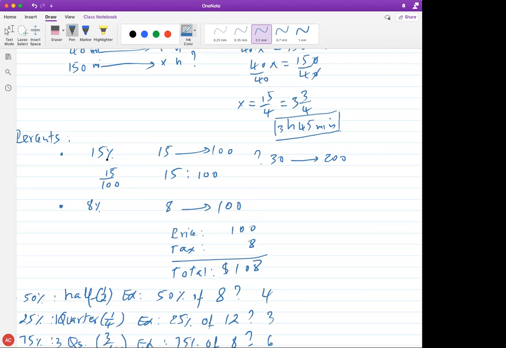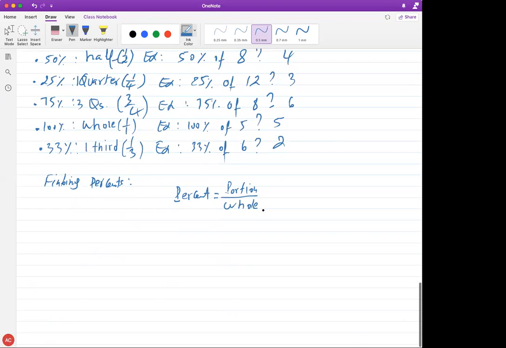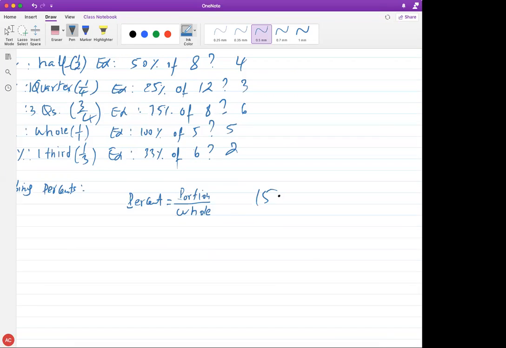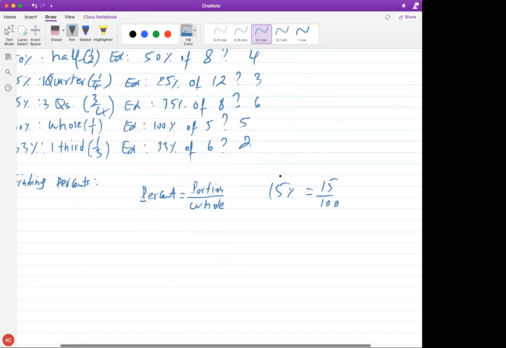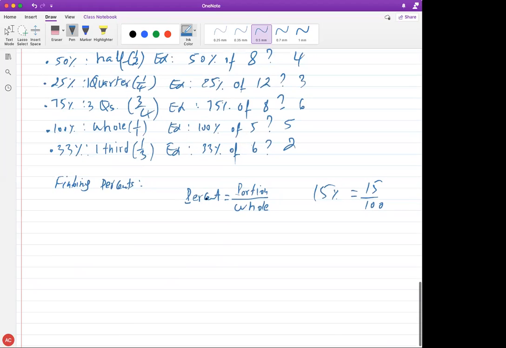We call this the whole, and this is the portion. So 100% is the whole, and everything else is a portion. For example, 15% is 15 out of 100. So this formula here can solve any sort of problem involving percents.